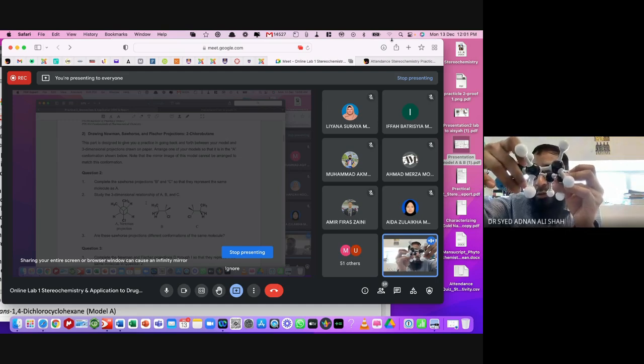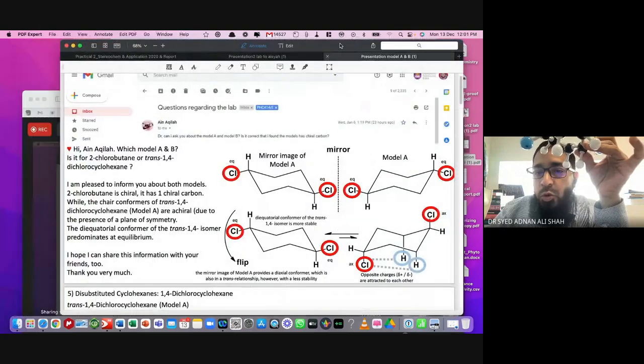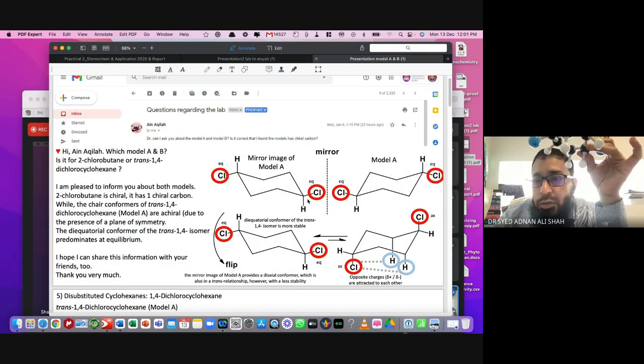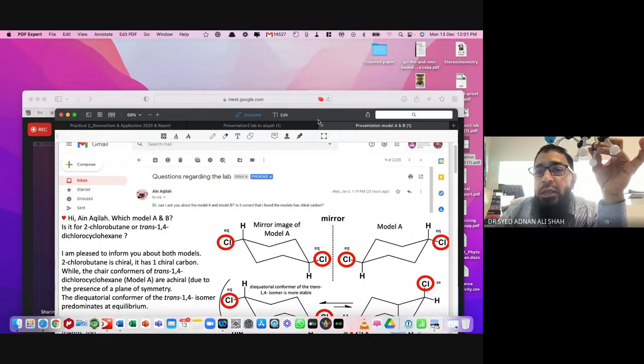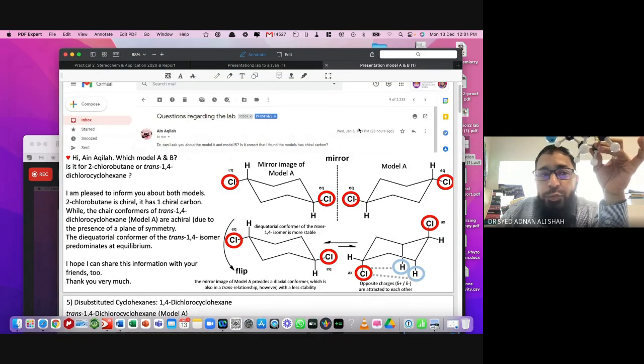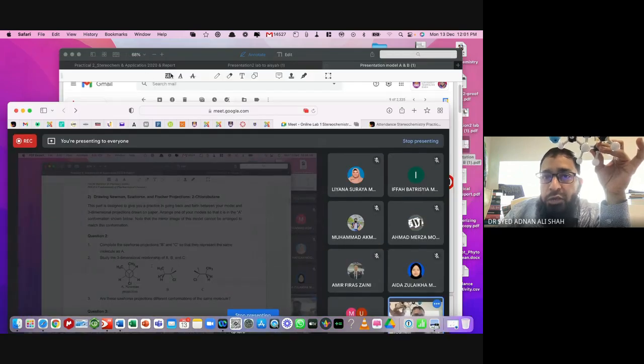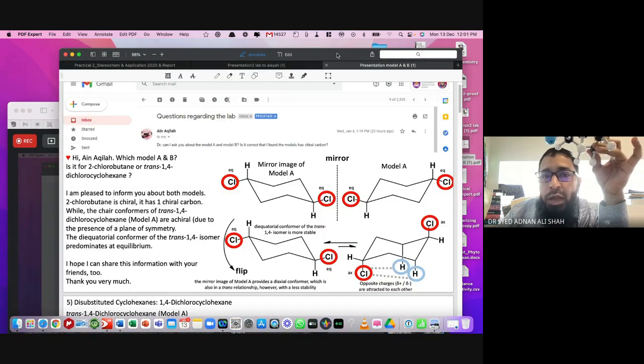So axial becomes equatorial and equatorial becomes axial. The orientation will be the same in the molecule, because the molecule has different conformations, but the molecule is the same, right? So that's how you can form the mirror image of the molecule.